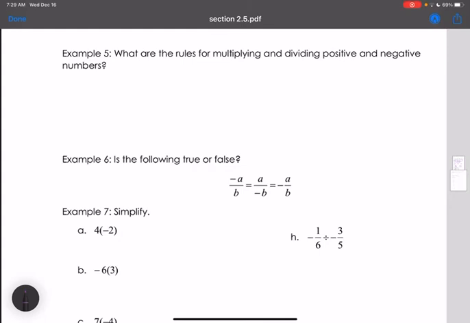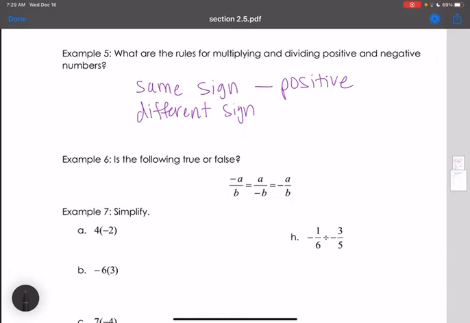So if they are the same, let's do same sign. It's going to be positive. Different sign. It's going to be negative. Okay, so that's the short version.